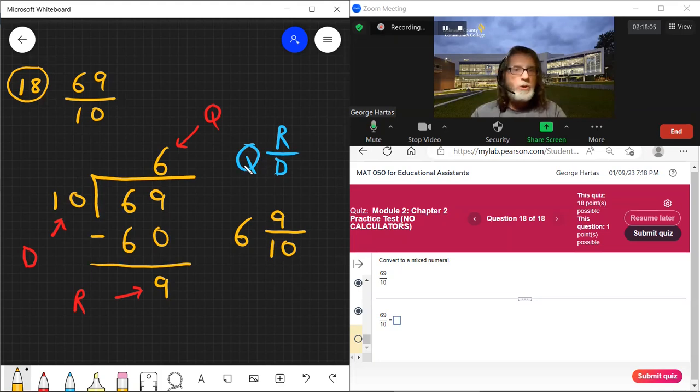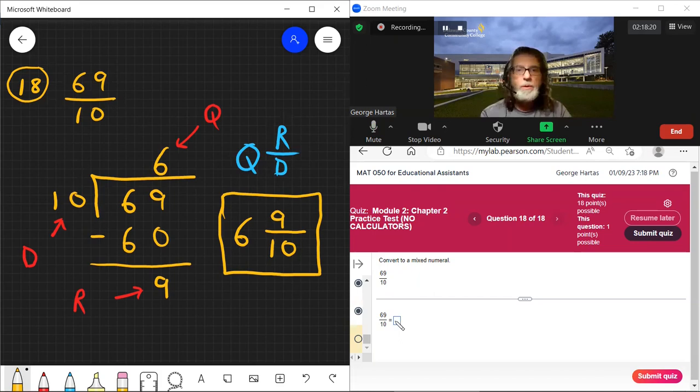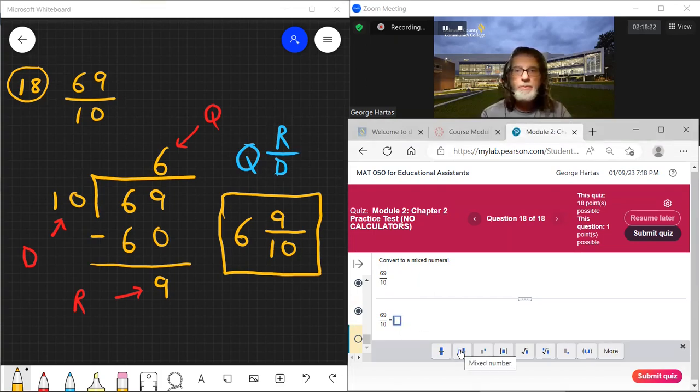So just recall, put this in your mind, QRD. And then you have your answer right here. This is the mixed number format of the fraction. So let's type that in. And let's use the appropriate mixed number entry box. 6 and 9 over 10.